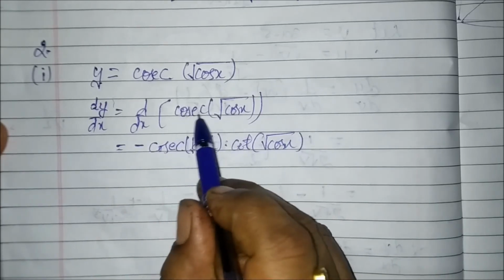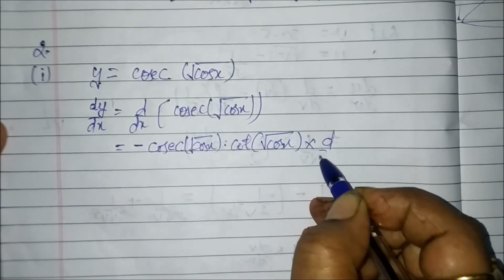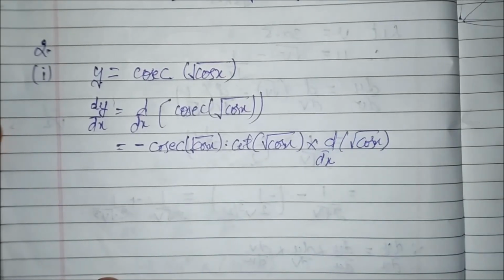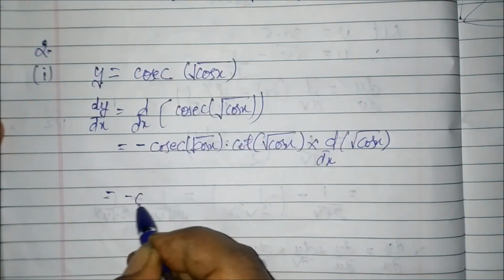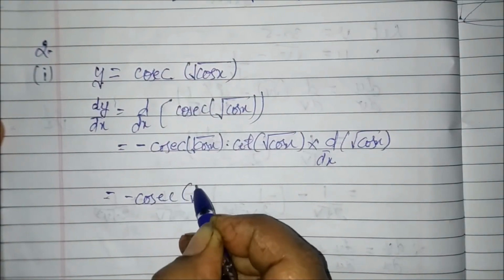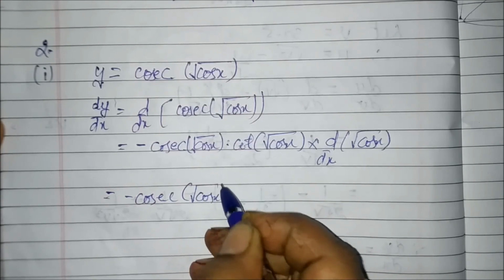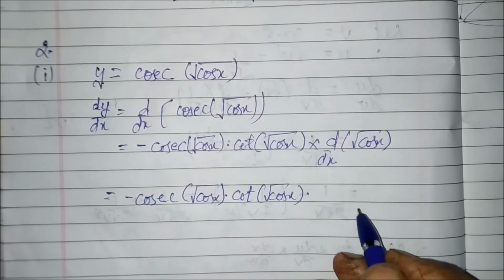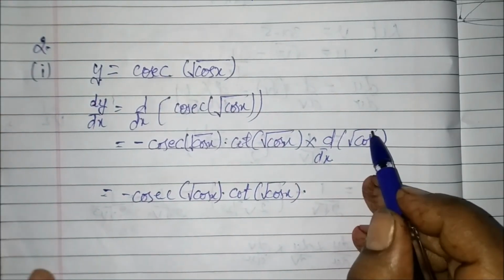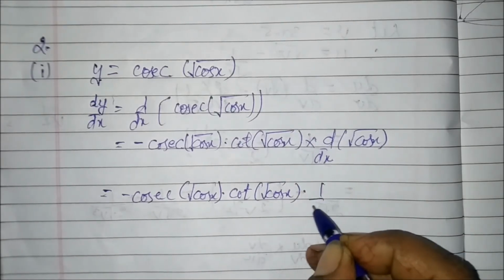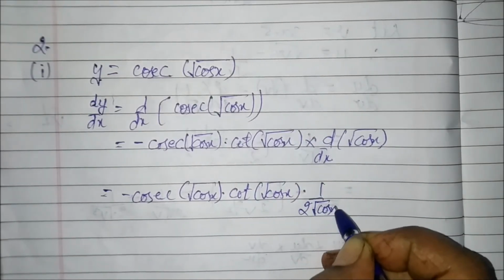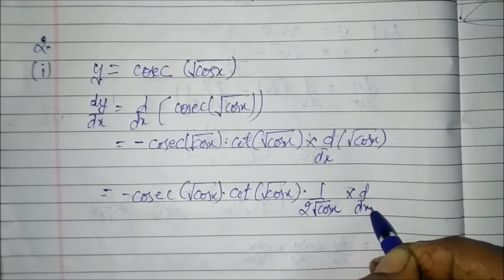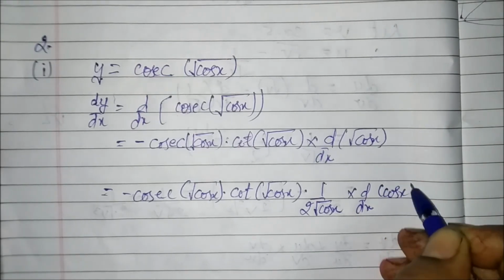Okay, this is derivative of this, we have done, into d by dx of root cos x. Okay, so here we write minus cosec root cos x into cot root of cos x into, now derivative of root x is 1 upon 2 root x. This is derivative of root. Okay, into again d by dx of this inner function cos x.